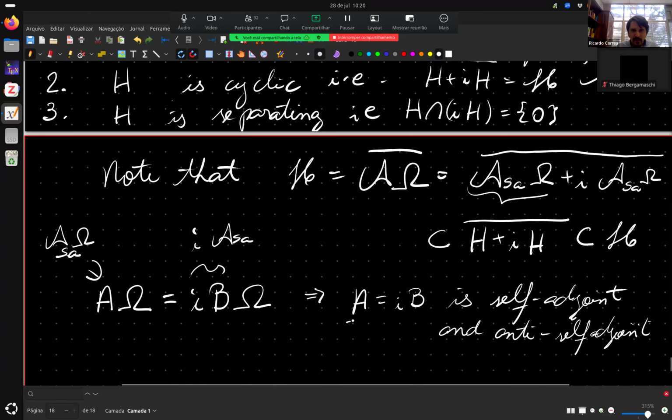Just because A is self-adjoint, B is self-adjoint, but then when you multiply by i, it will be anti-self-adjoint.